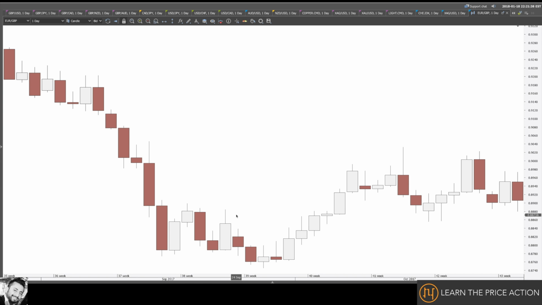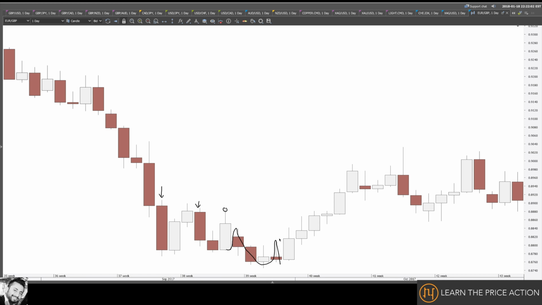If you look here, the market basically came down, pushed back up, again came down, so it was a rejection here, pushed up, came down, and then came down again.